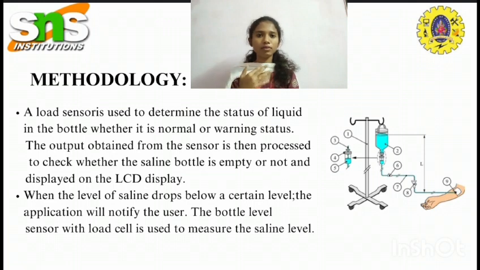When the level of the saline drops below a certain level, the application will notify the required nurses or users through SMS and also with an alarm. The bottle level sensor with a load cell is used to measure the saline level.